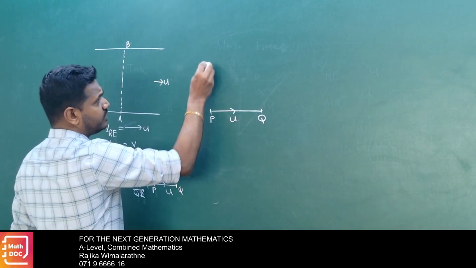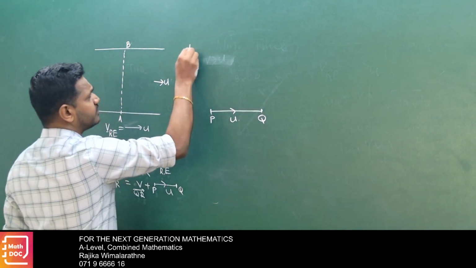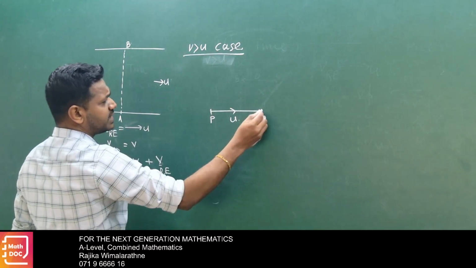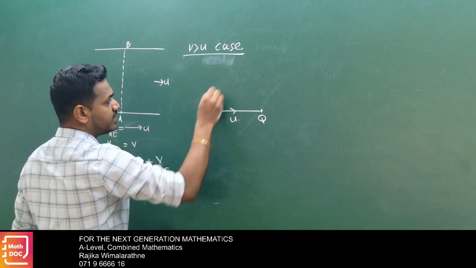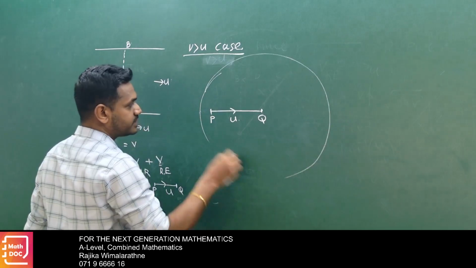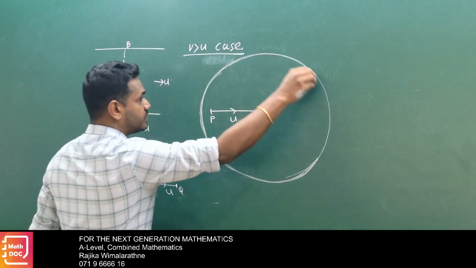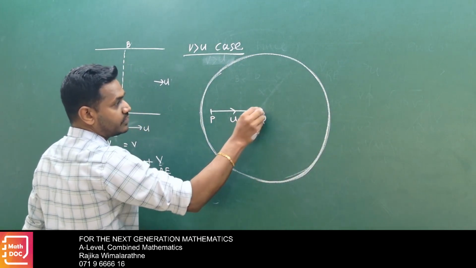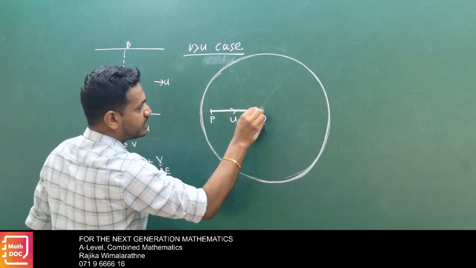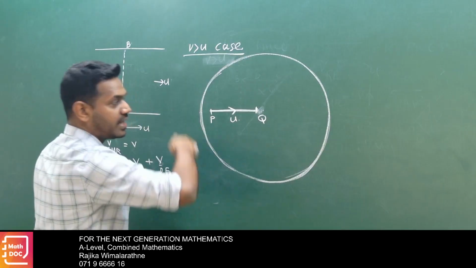Say the V greater than U case first. V is somewhat greater than U, then Q is the center and the radius is V. These are the possible R points. Definitely you have to take Q as the center.